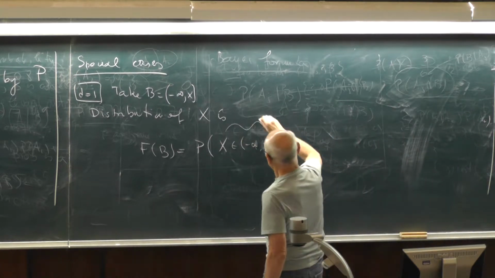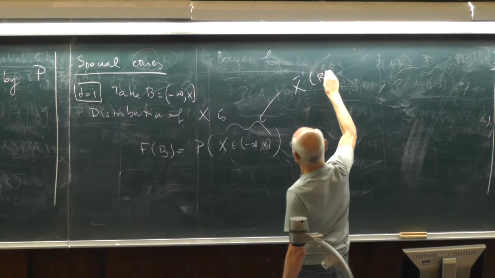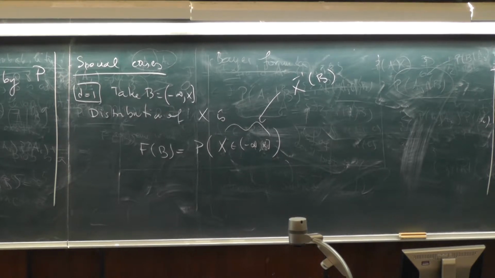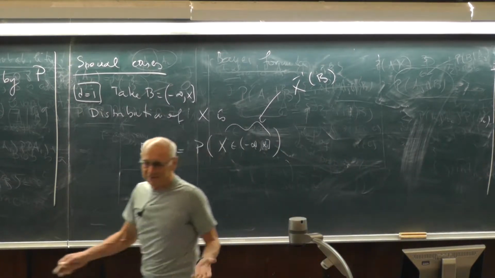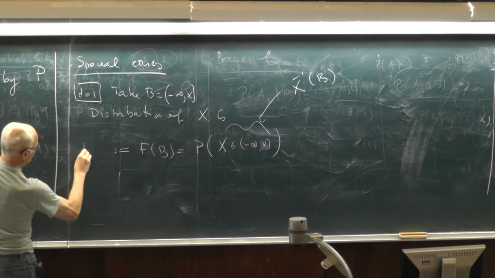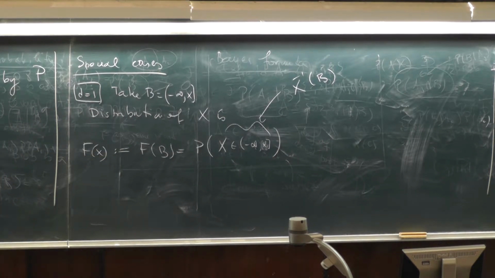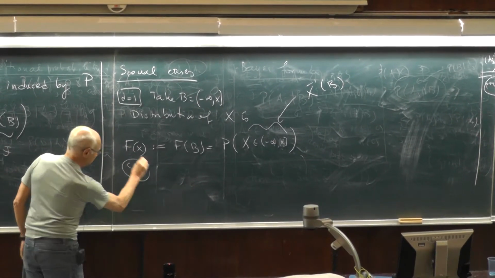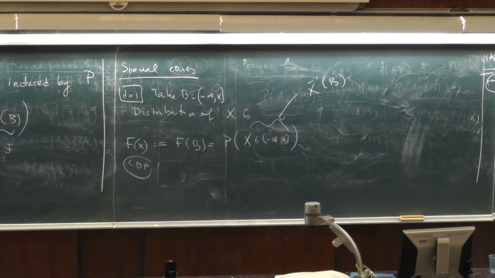This is simply X inverse of the B I have considered. Yeah, does it work? And how do we usually denote this, instead of having this fancy notation? Our notation is simply F of x. And we call it the cumulative distribution function, or just the distribution function of x. Okay, so this is our familiar CDF.